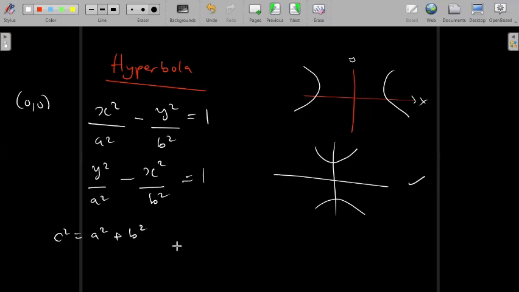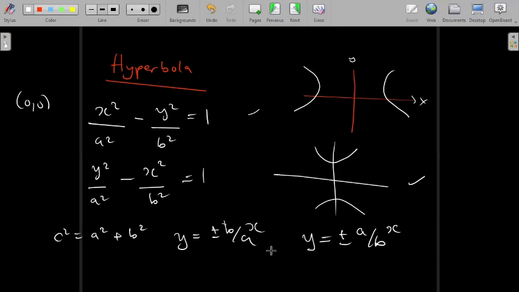The asymptotes are given by y equal to plus minus b over a times x in this first situation. And in the second situation, it's y equal to plus minus a over b times x, like this.